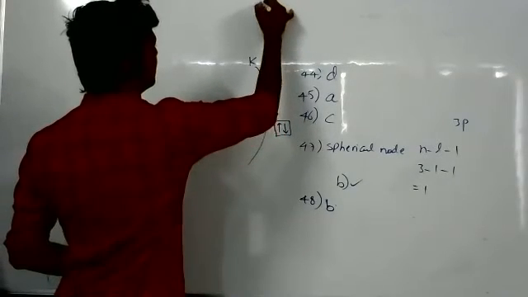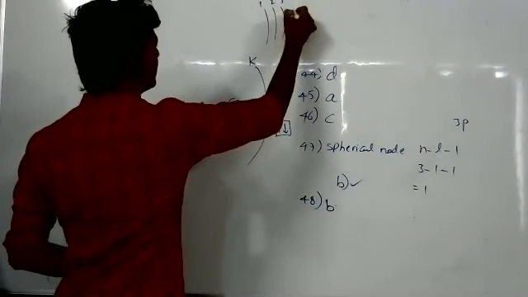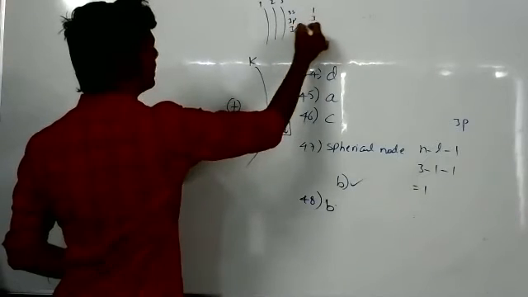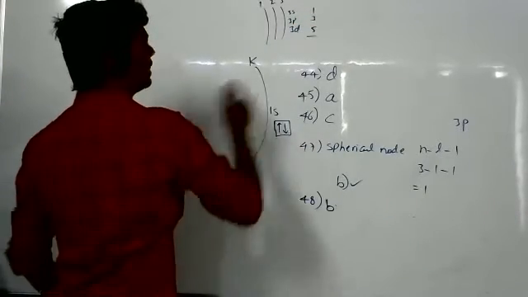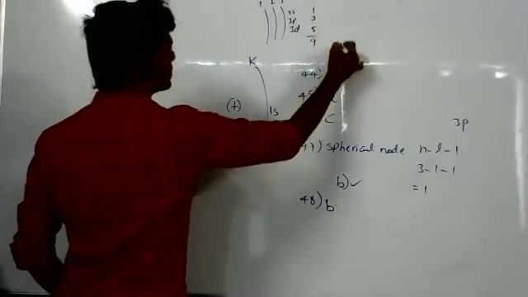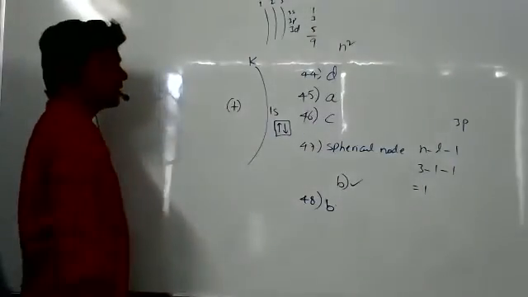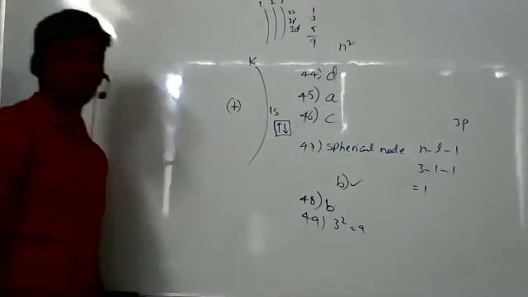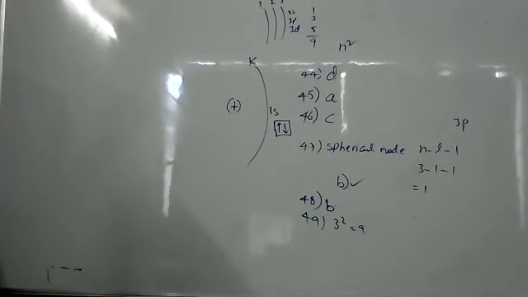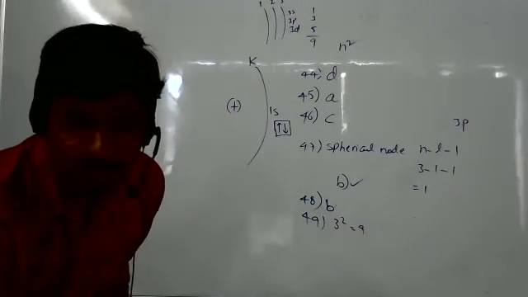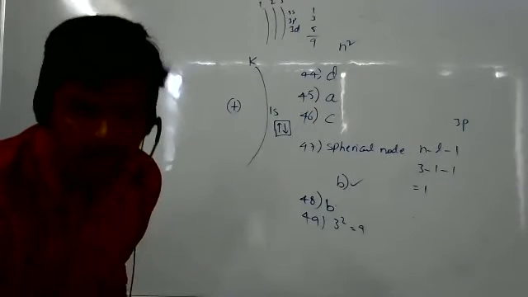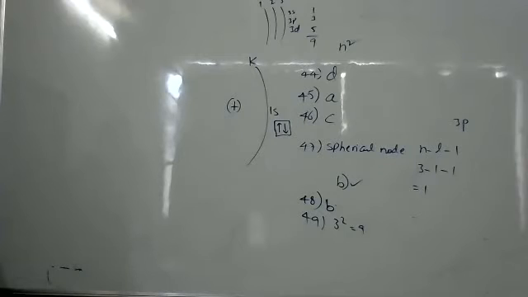In the third shell, 3s, 3p, 3d are there. 3s has only 1 orbital, 3p has 3, 3d has 5. Total 9 orbitals. Or you can use another formula, n square, 3 square, which is 9 orbitals. So option C is correct.